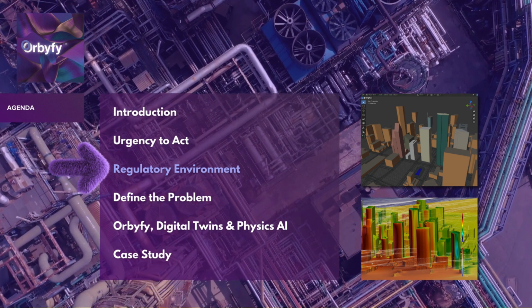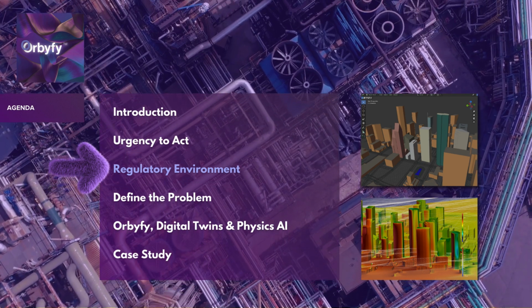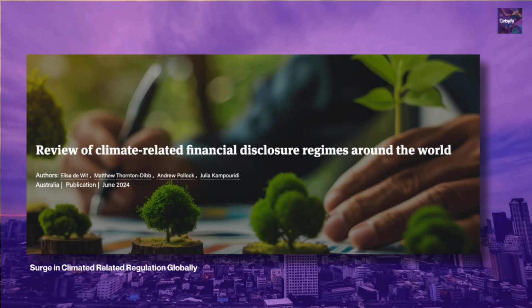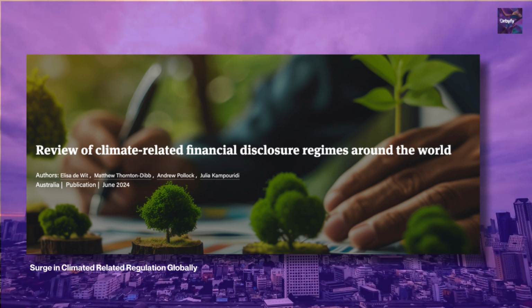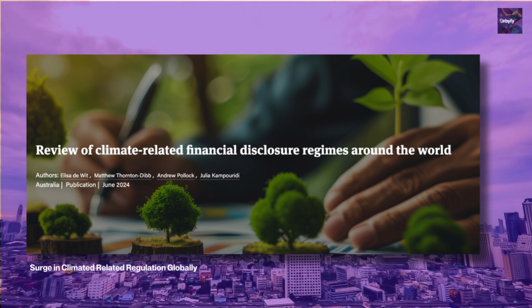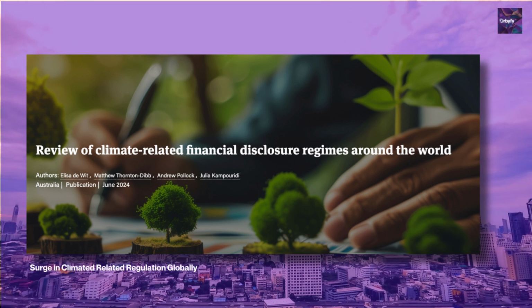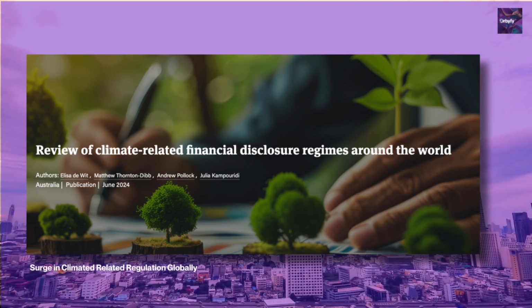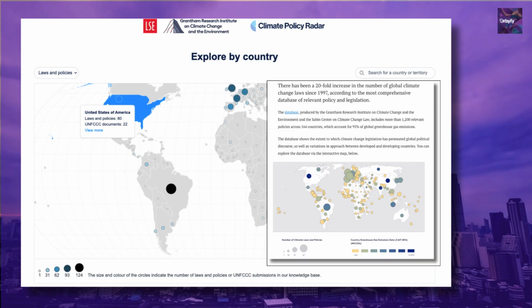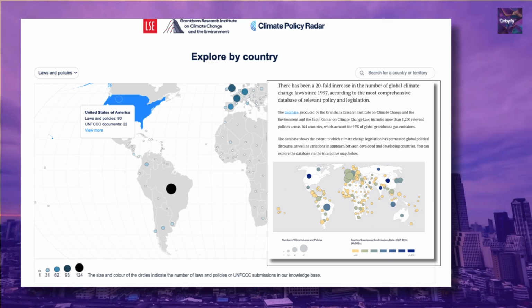Regulatory environment. So let's speak a little bit more about one lever for change, and that's regulation. In the past few years, we've witnessed an unprecedented surge in climate-related regulations. Since 1997, there's been a 20-fold increase in the number of global climate laws. And if you want to see the climate regulations where you live, you can.